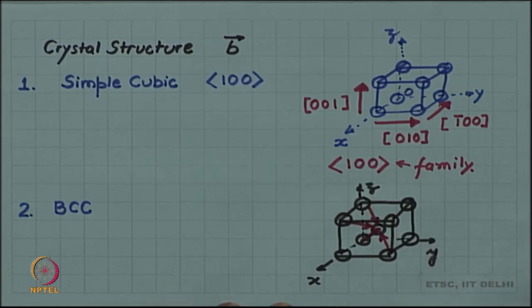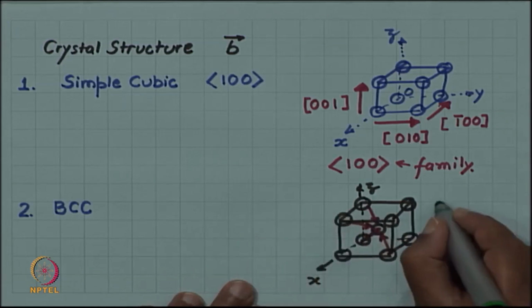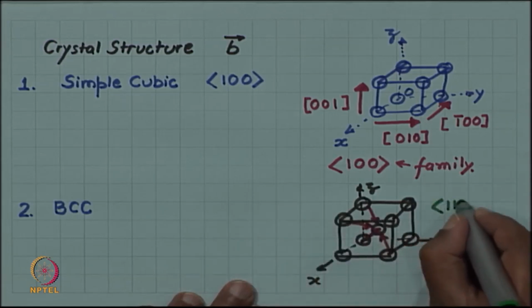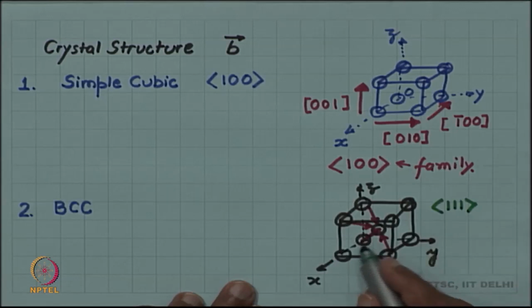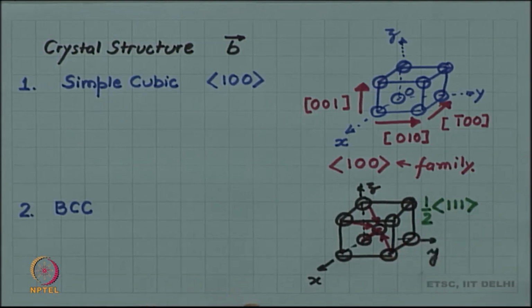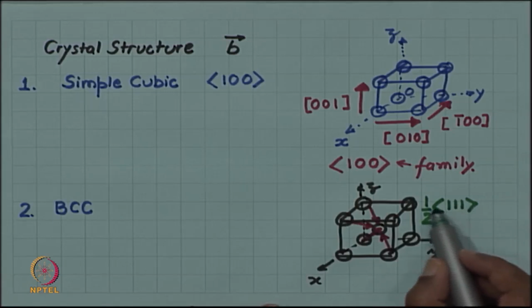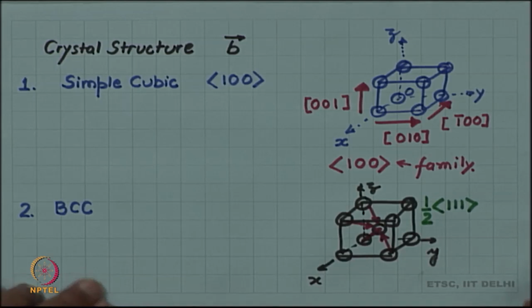Now, as you know, the entire body diagonal vector is the 1 1 1 vector, but since we need half of that, we apply a factor half in front of that. So, this 1 1 1 is a family of vectors and half of that is the Burgers vector.